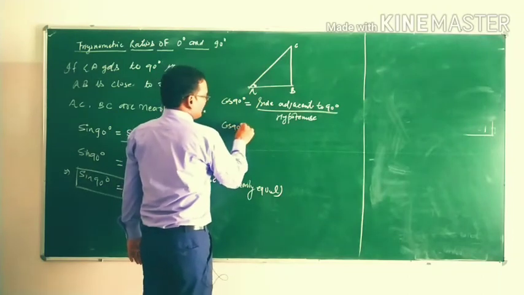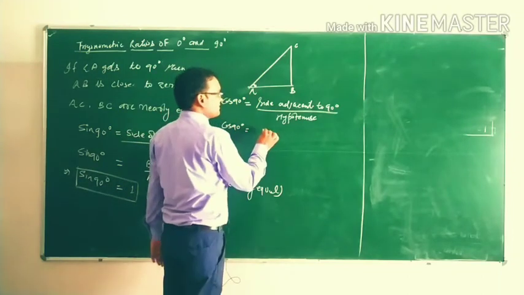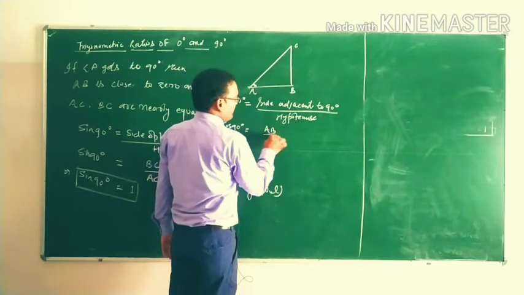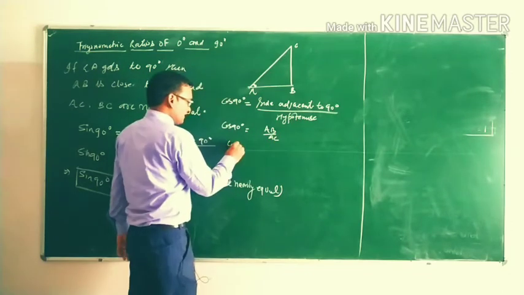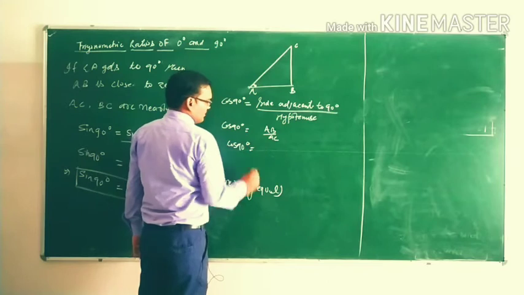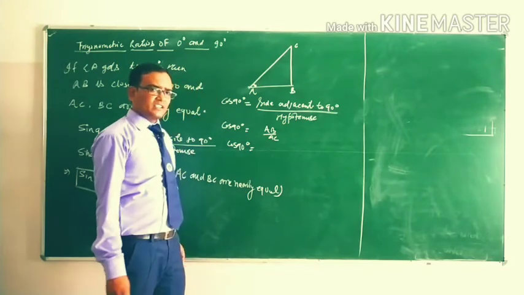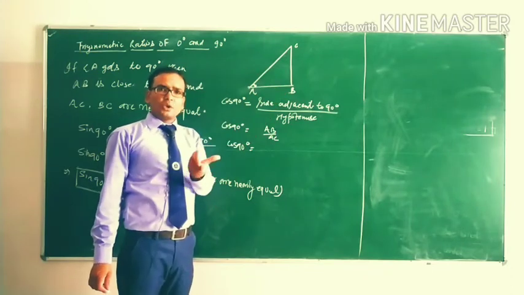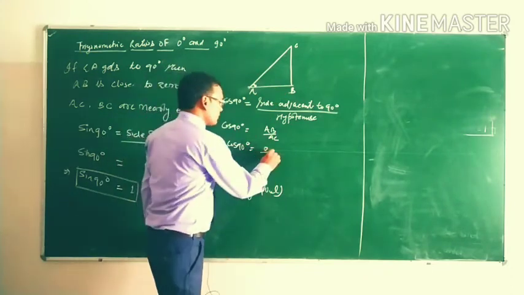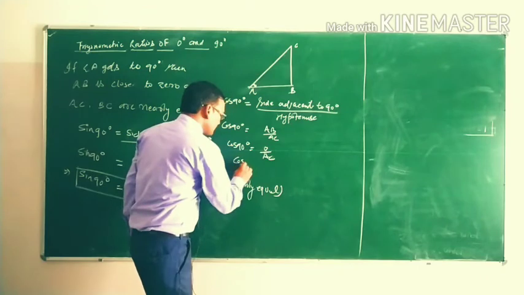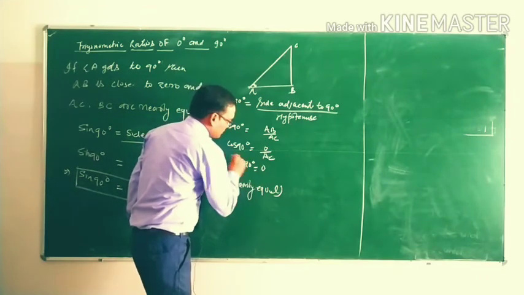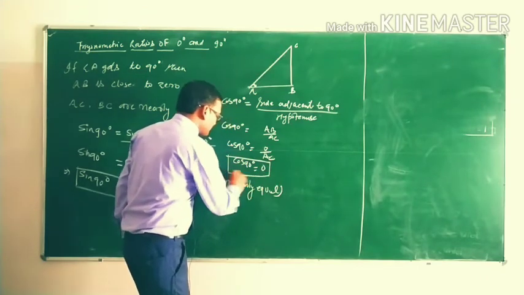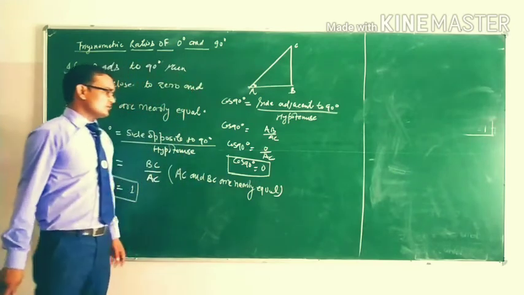Cos 90 degrees is the side adjacent to 90, that means AB upon AC. If angle A is very close to 90 degrees, then the value of AB becomes 0. That means cos 90 is equal to 0. The value of cos 90 is 0.